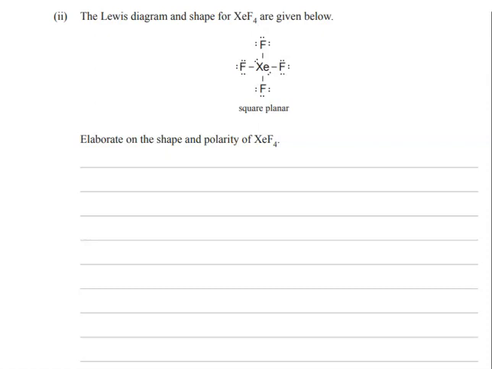You would then continue on talking about the polarity and explaining why, in this case, XeF4 is non-polar. But that is a discussion for another video.